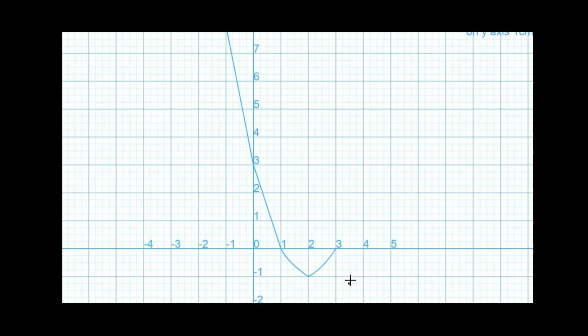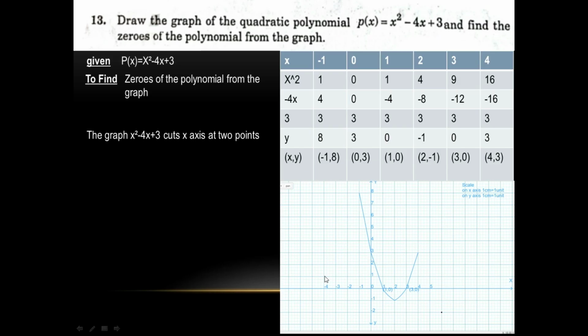Then the next coordinate is 4 comma 3. The x-axis is 4 and in the y-axis it is 3. So from here we are going to draw. So we have plotted the coordinates here. The graph of x square minus 4x plus 3 cuts the x-axis at 2 points. Here in this graph we can see these 2 points. They are 1 comma 0 and 3 comma 0. So the zeros of the polynomial are 1 and 3.